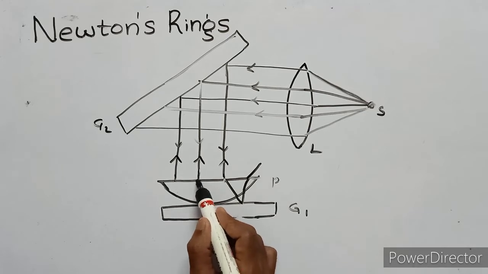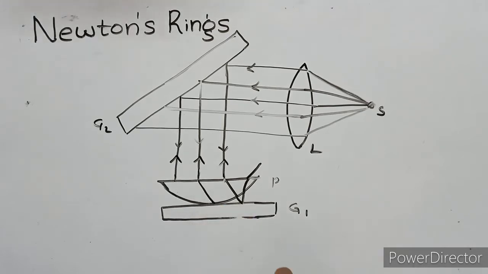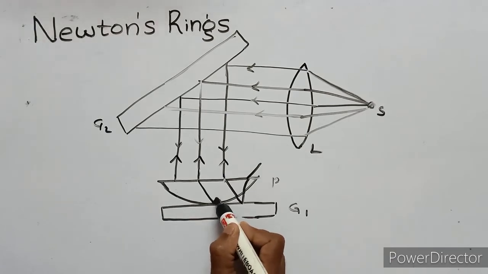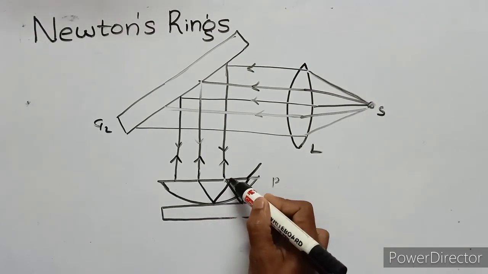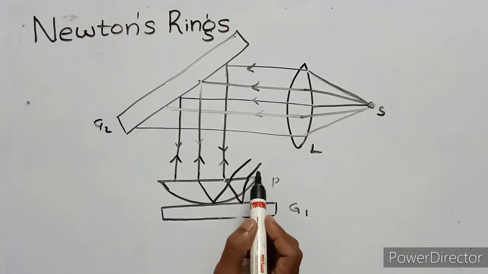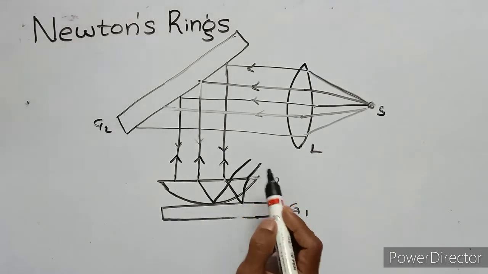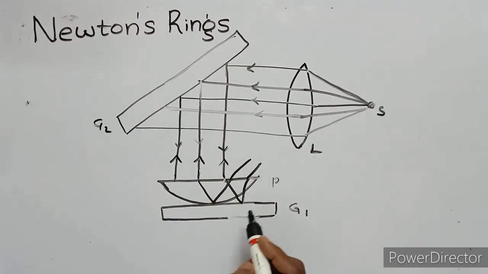Similarly, the other light ray in the glass medium is refracted, reflected and transmitted. These two light rays are superimposed and an interference pattern is produced.